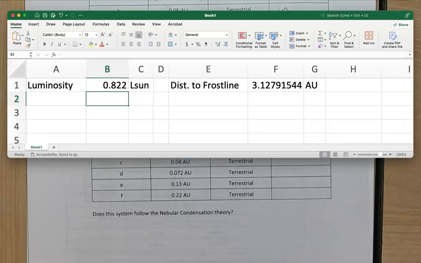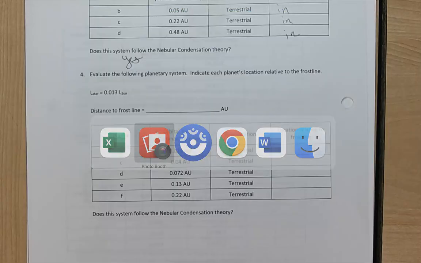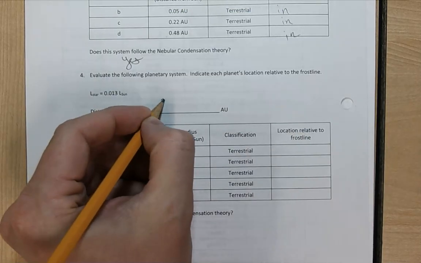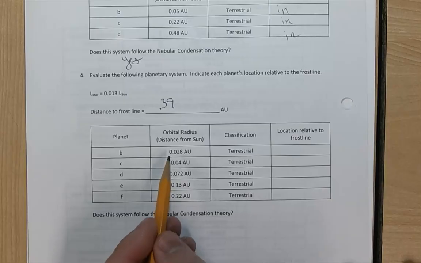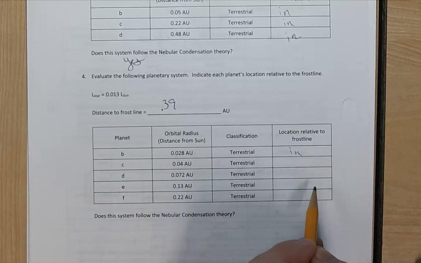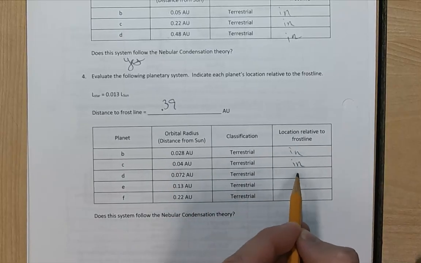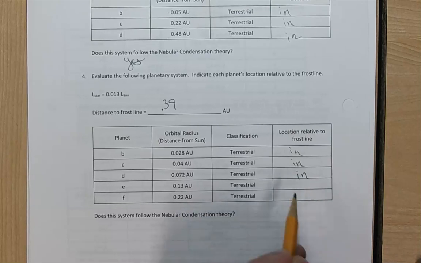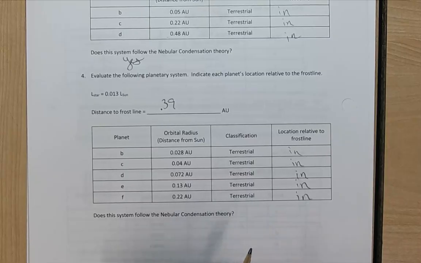0.013 solar luminosities. 0.39 AU. Again, pretty close. Okay, so that's inside. Are you sensing that a lot of these planets are really close to their stars? Yeah, they are.